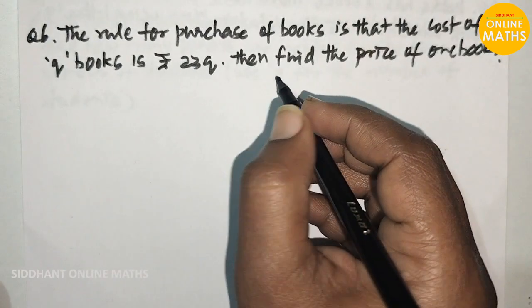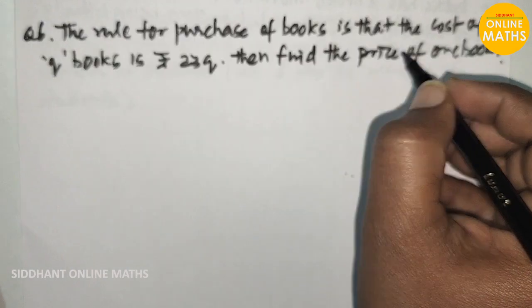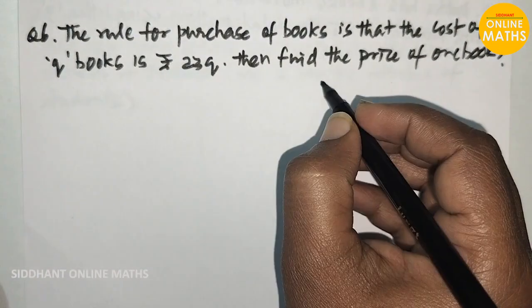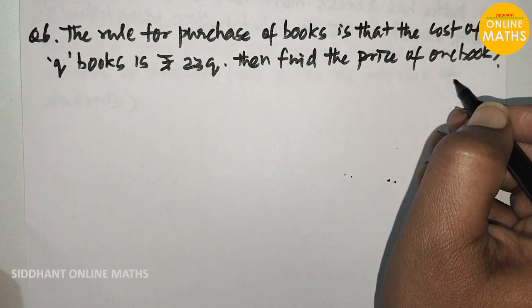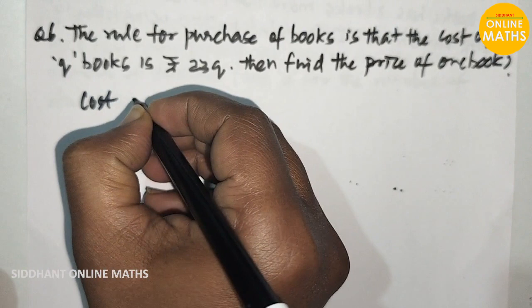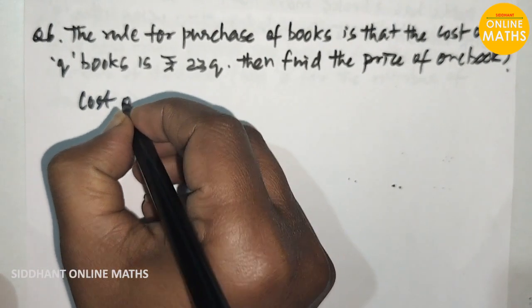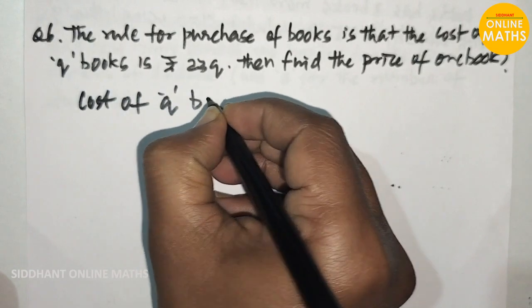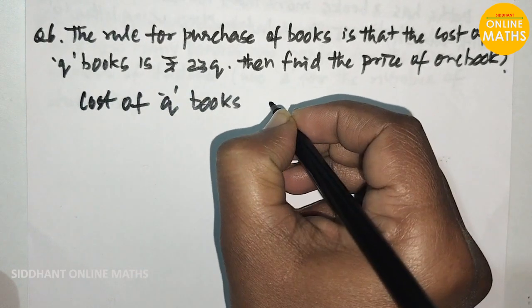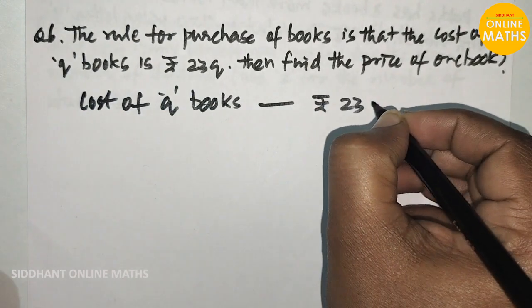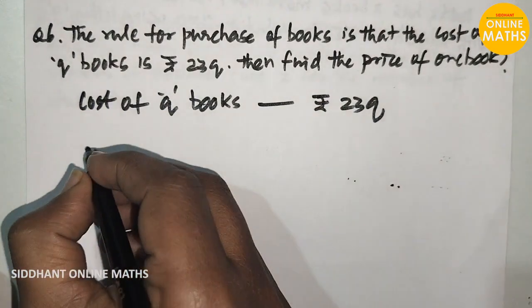Question number 6. The rule for purchase of books is that the cost of Q books is 23Q. Then find the price of 1 book. So cost of Q books is rupees 23Q.